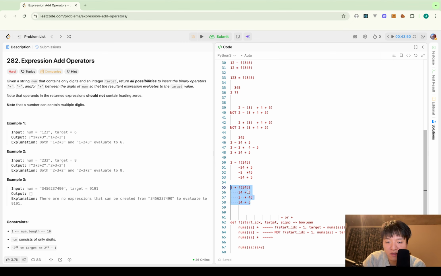So let me see. My idea is passing that multiplication number as the argument, but if I do that, it will be TLE because that number can vary. So memoization actually doesn't work.